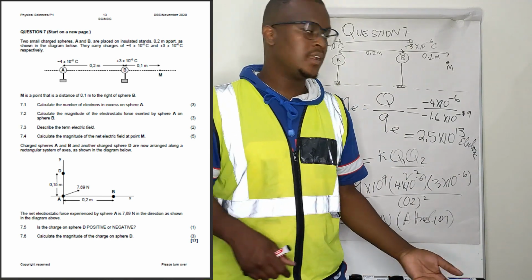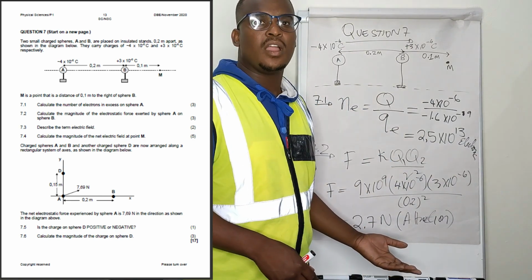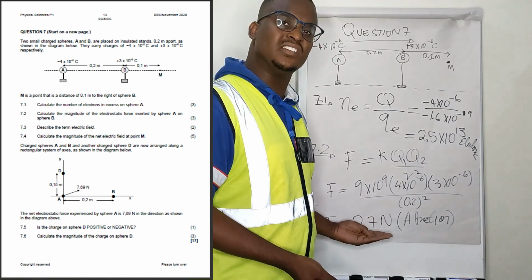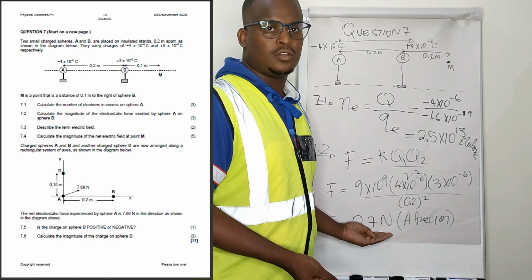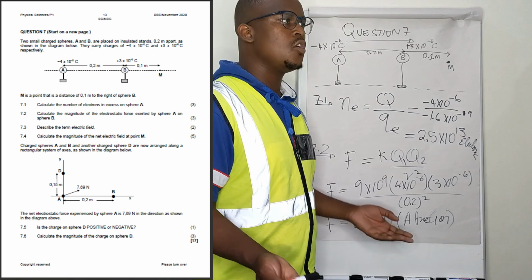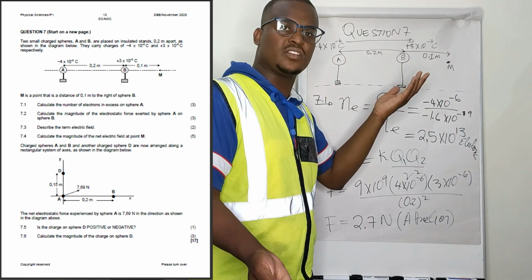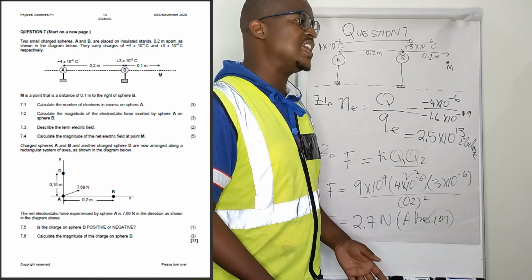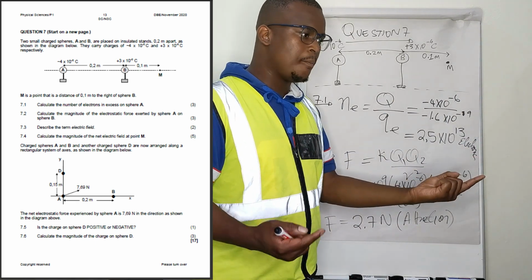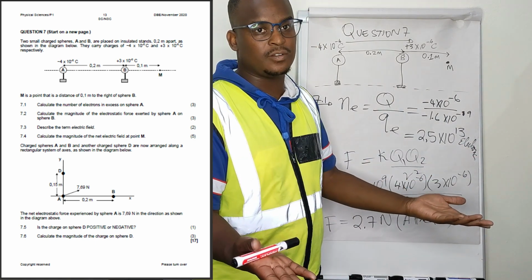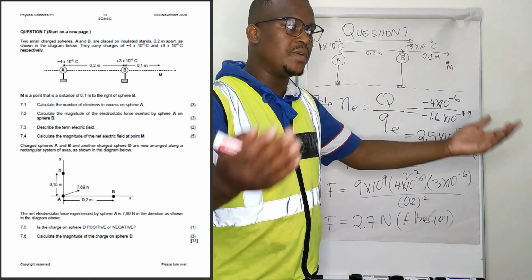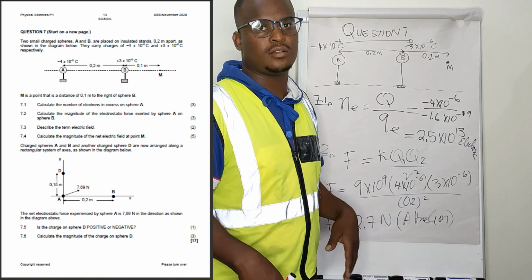But if you want, you can include them as long as you explain what your negative answer means. If your answer is negative, one charge was negative and the other positive, so that should be attraction. If your answer is positive, they could be both positive or both negative, so your force will be repulsive.